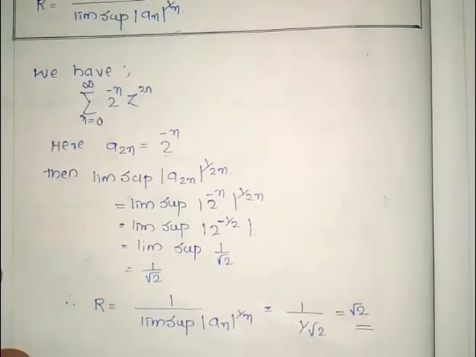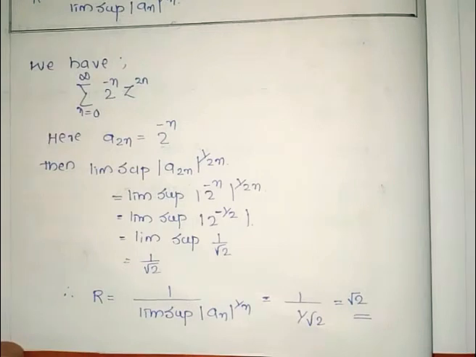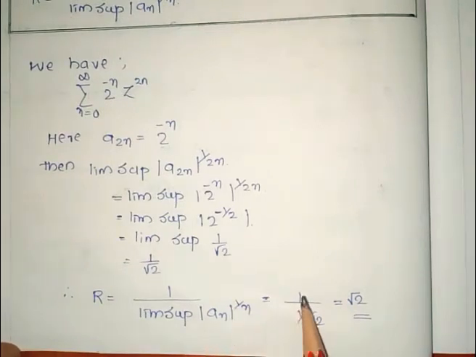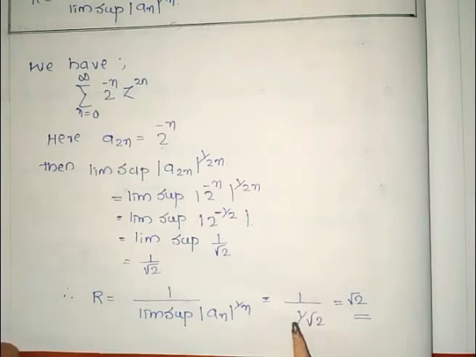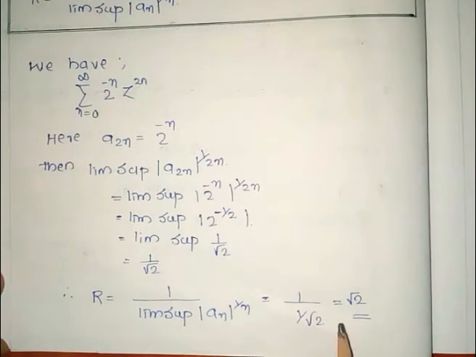Therefore R is equal to 1 by limit supremum mod a_n all power 1 by n, which is equal to 1 by the value of the limit supremum, which is equal to 1 by 1 by root 2. So substituting, we get root 2. So we have the radius of convergence of this power series, R is equal to root 2.